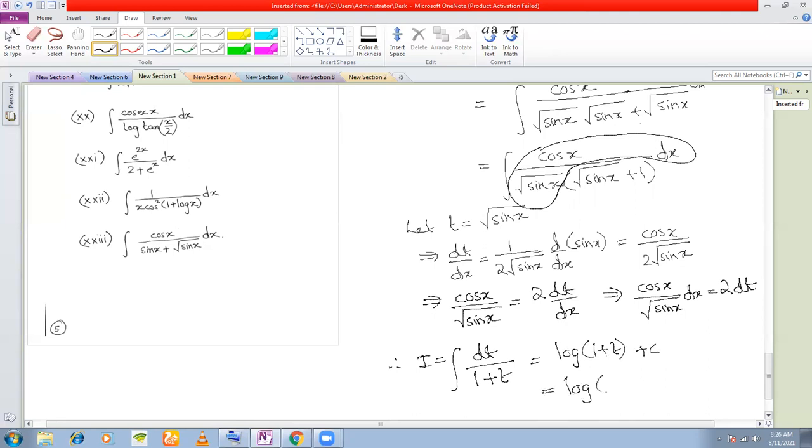Put back the value of t, 2 log 1 plus root sin x plus c. And that's your answer. Okay, so finish this exercise.